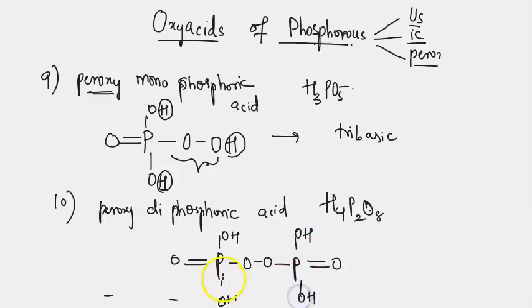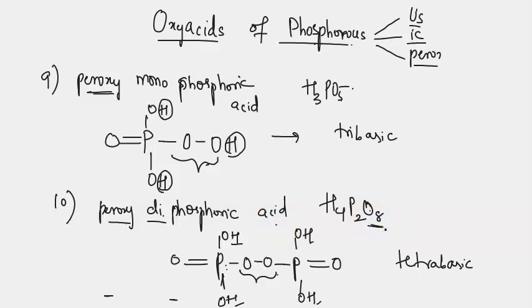This is the structure of peroxydiphosphoric acid, and the basicity is again 4. So it's tetrabasic, similar to pyrophosphoric acid. And here also you can see a peroxy linkage. That is the reason the name of the compound is peroxy, because two phosphorus are there, and diphosphoric acid because it contains the highest number of oxygens.